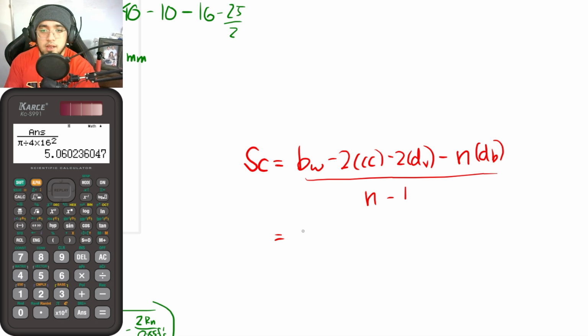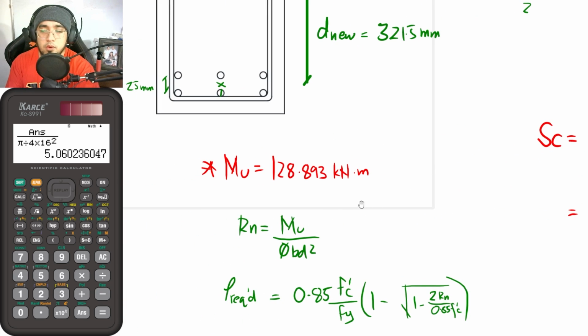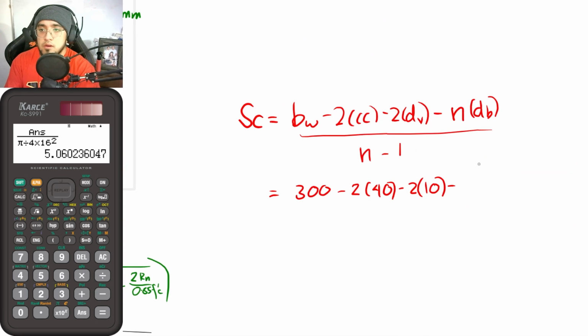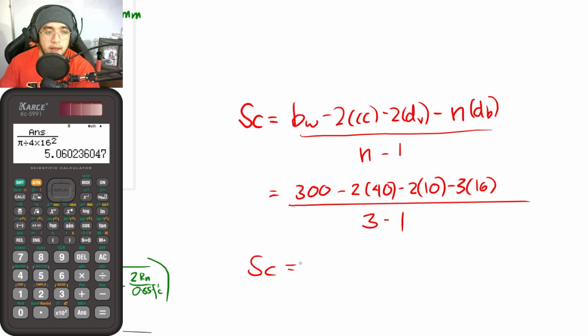Substituting known values, this is 300 minus twice the concrete cover of 40 minus twice the diameter of shear reinforcement of 10 minus 3 times 16 mm rebars, divided by 3 minus 1. So our answer here is 76 mm.